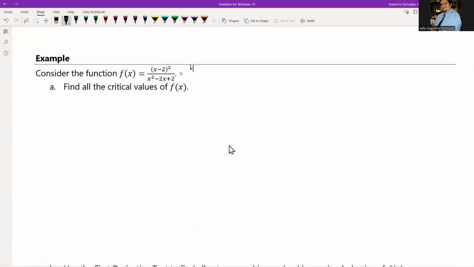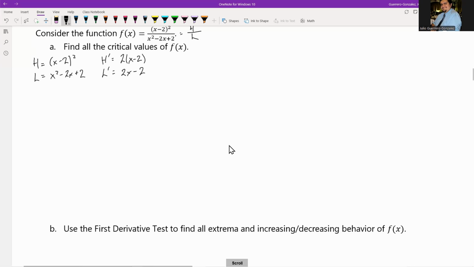This is going to be my high, and this is going to be my low. So my high is x minus 2 squared, and my low is x squared minus 2x plus 2. My high prime is going to be 2x minus 2, and my low prime is going to be 2x minus 2.